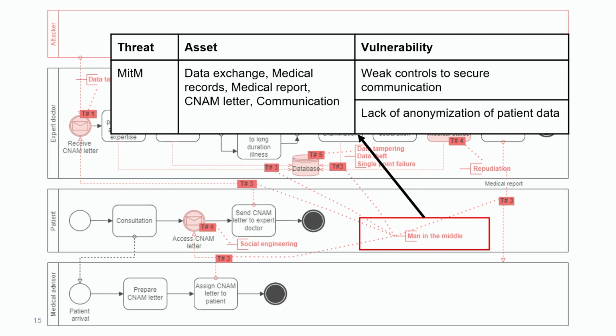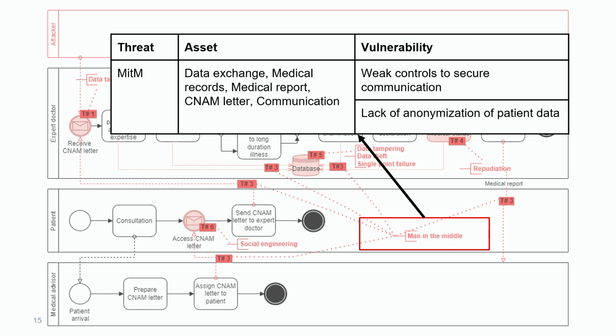Threat point number 3 is related to the man in the middle attack. The attacker can exploit the weak controls of secure communication to get medical records, medical reports, and the CNAM letter. Moreover, due to the lack of data anonymization, the medical records are associated directly with the patient's identity.